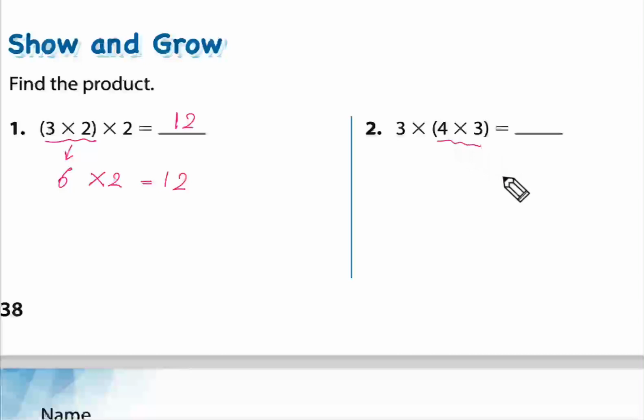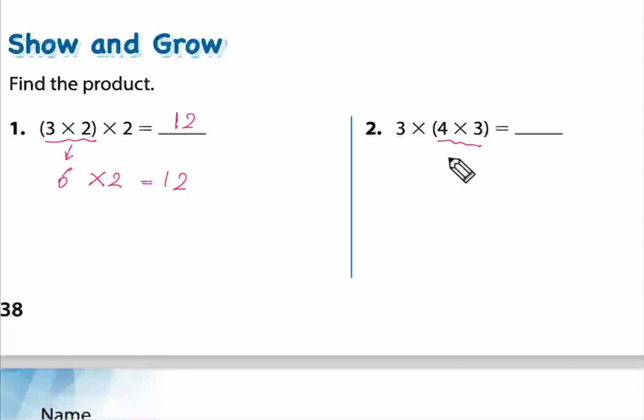We need to start with 4 multiplied by, look at the board. 4 multiplied by 3. So go ahead. What is 4 multiplied by 3? Oh, this is not plus, it's multiplied by. You should repeat the 4 3 times or repeat the 3 4 times. 12.